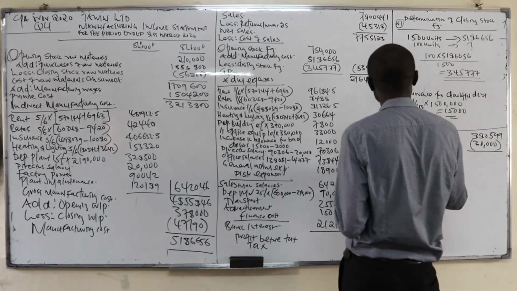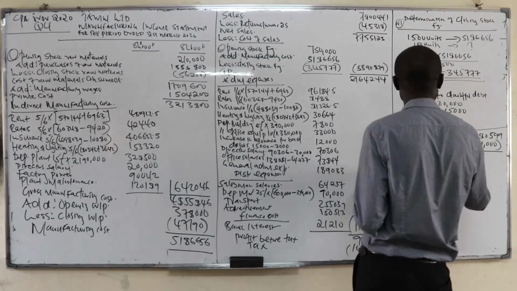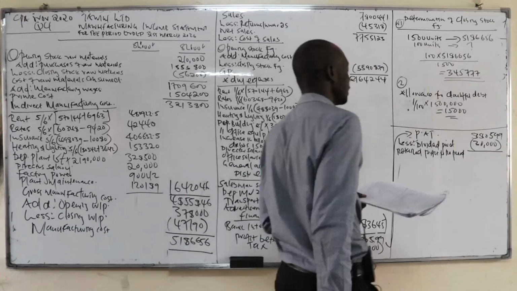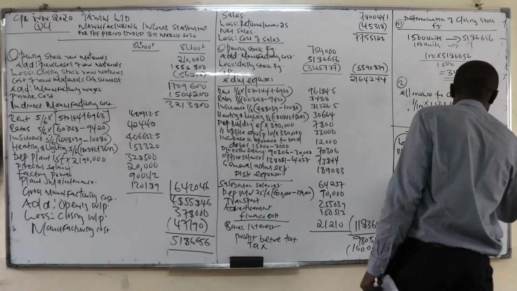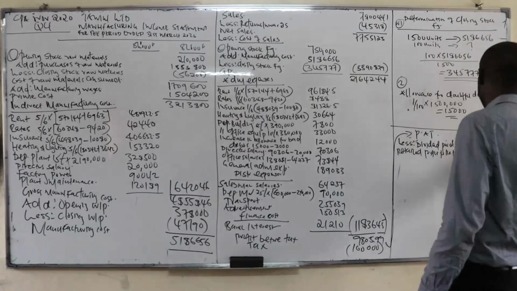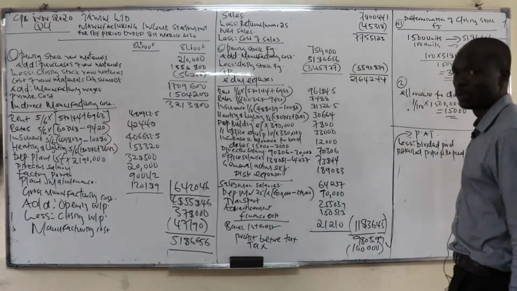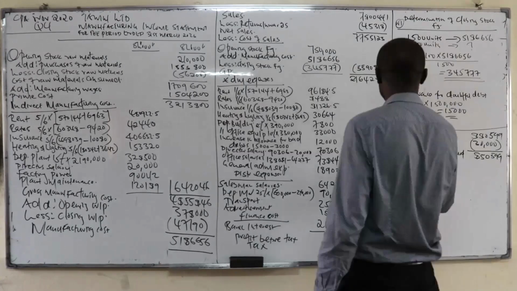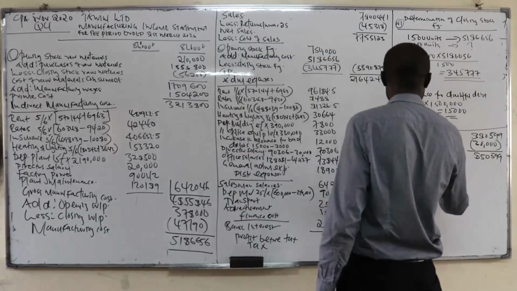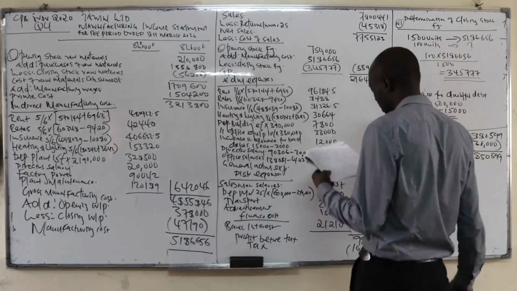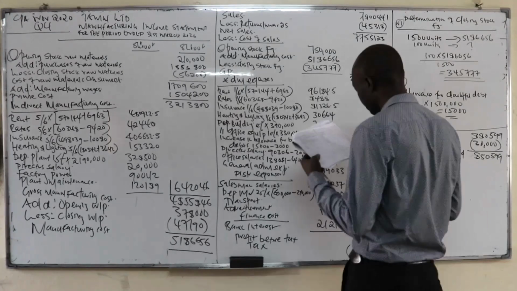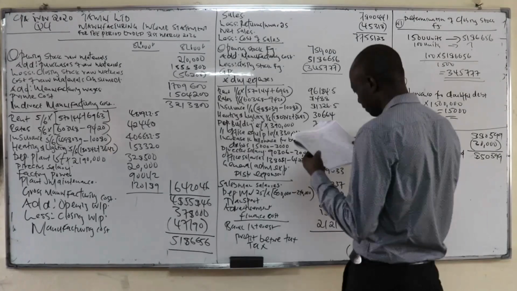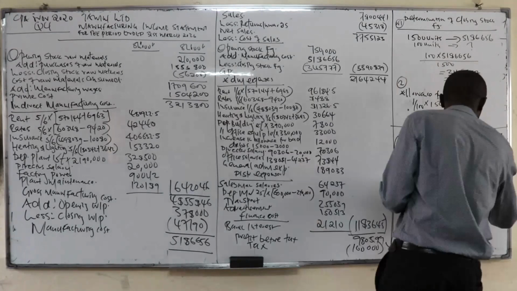Retained profit for the period, which is how much? 880,850,599. Then you add retained profit balance brought down, retained earnings balance brought down, which is how much? 127,425.